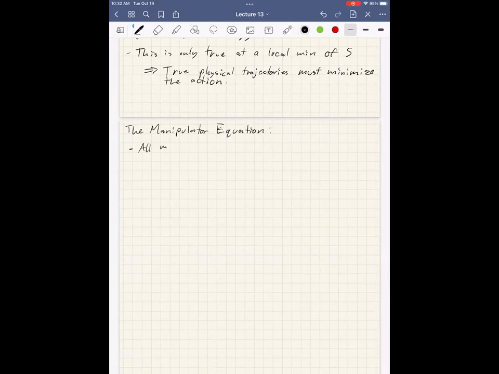So the story here is all mechanical systems have a Lagrangian of the following form. We have basically a 1/2 mv squared kind of thing, and then this potential energy thing.